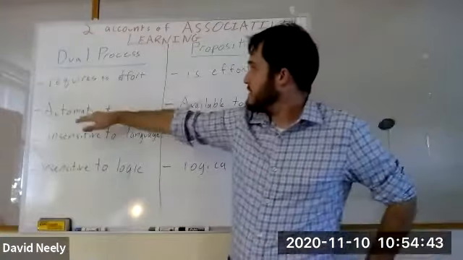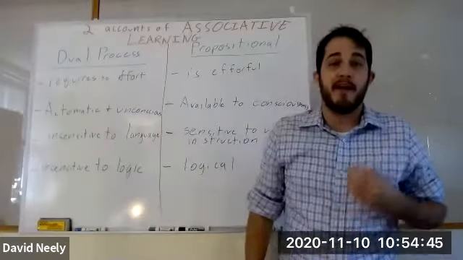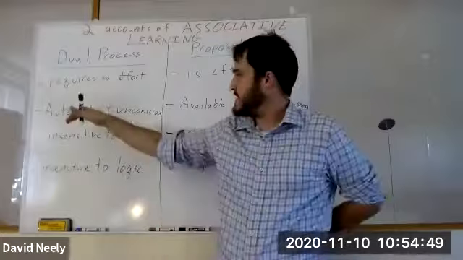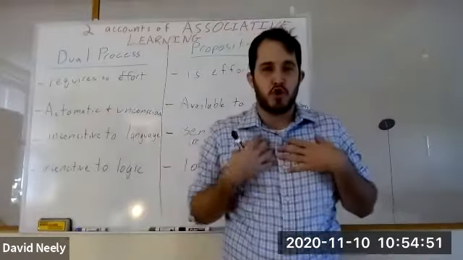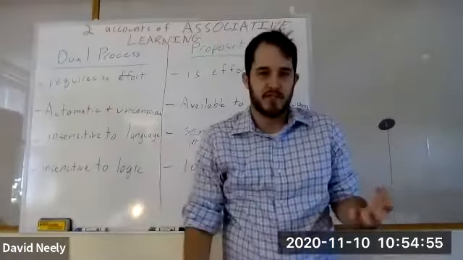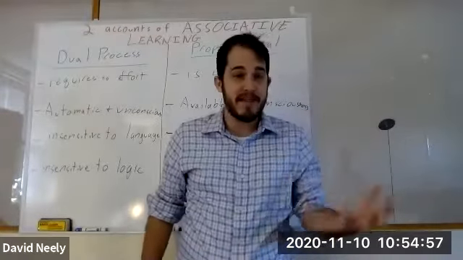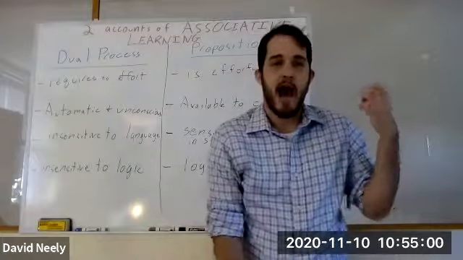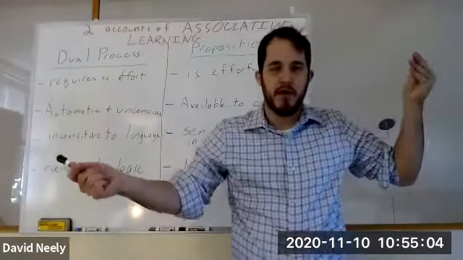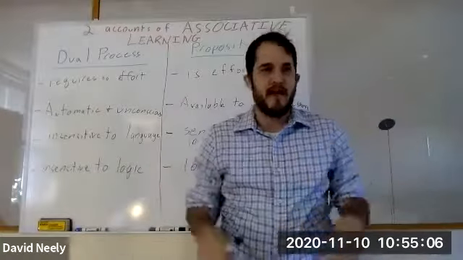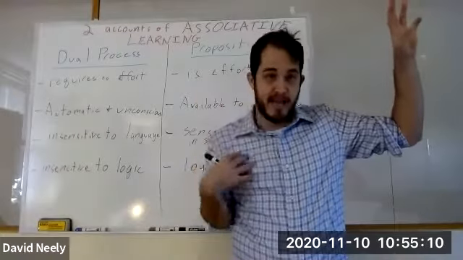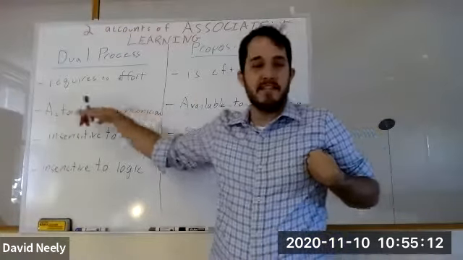The second one is that the dual process says this should be automatic and unconscious. So you should respond to associations even if you aren't consciously aware that there's an association there. If I were to ask, do you believe that if I show you a light, you'll get food, and you say, no, I don't believe that, and yet if I show you the light, you still start salivating, that would be a sign that this is unconscious.